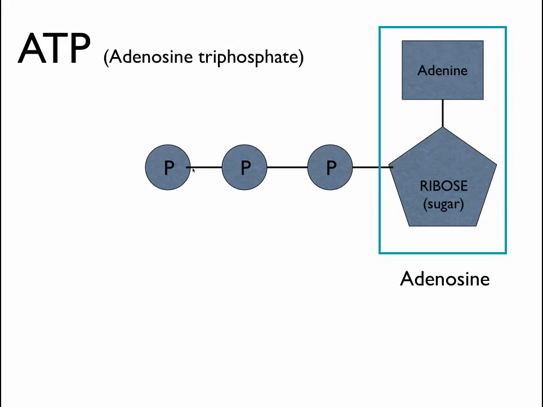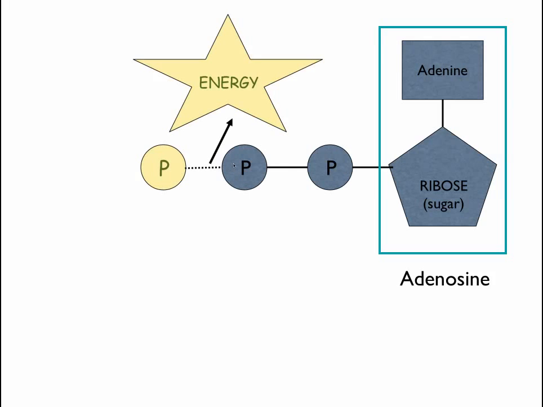Stored in the chemical bonds between the phosphates and adenosine is energy, so that when one of these bonds is broken, energy will be released. When this happens, you're left with adenosine diphosphate, 2 phosphate groups, plus an extra phosphate floating out in the cytosol. And that releases energy.